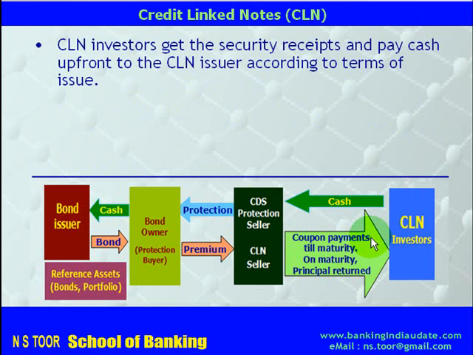Now the CLN investor gets a security receipt from the CDS issuer or CLN seller, and in turn he makes payment of cash upfront to the CLN issuer according to the terms of the issue.